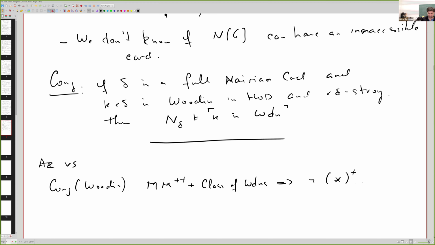What this conjecture is really saying is that you cannot have a forcing extension of a Nairian model with Woodin cardinals. This is what the conjecture is. People who know SSP forcings, right? What sort of SSP forcings can you cook up from a Woodin cardinal? That's the kind of thing that's going on here, right?